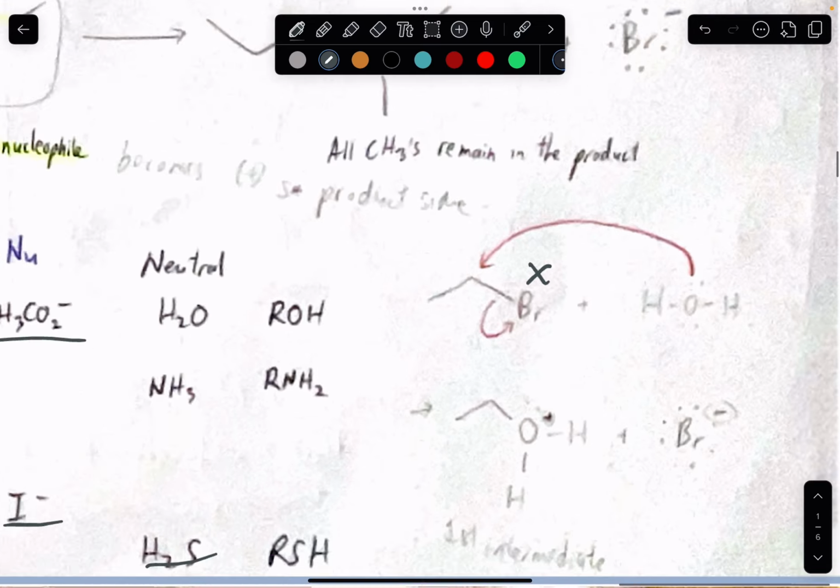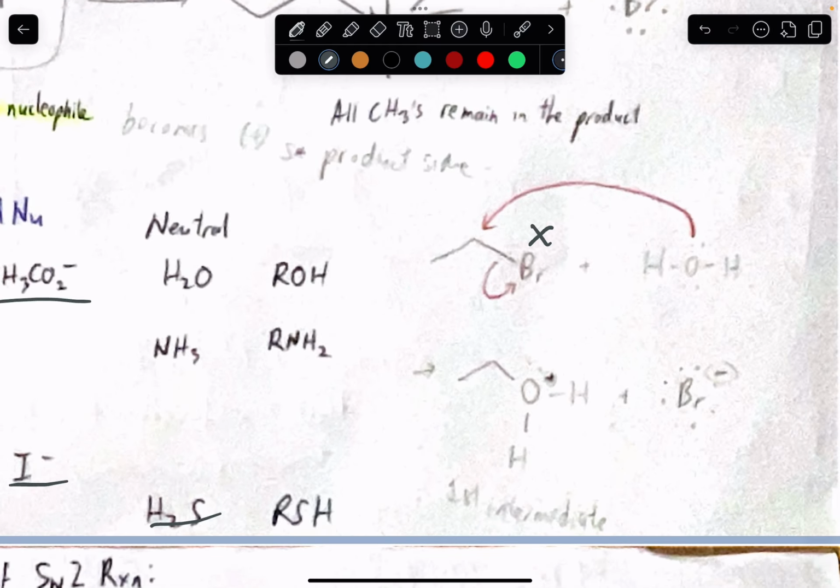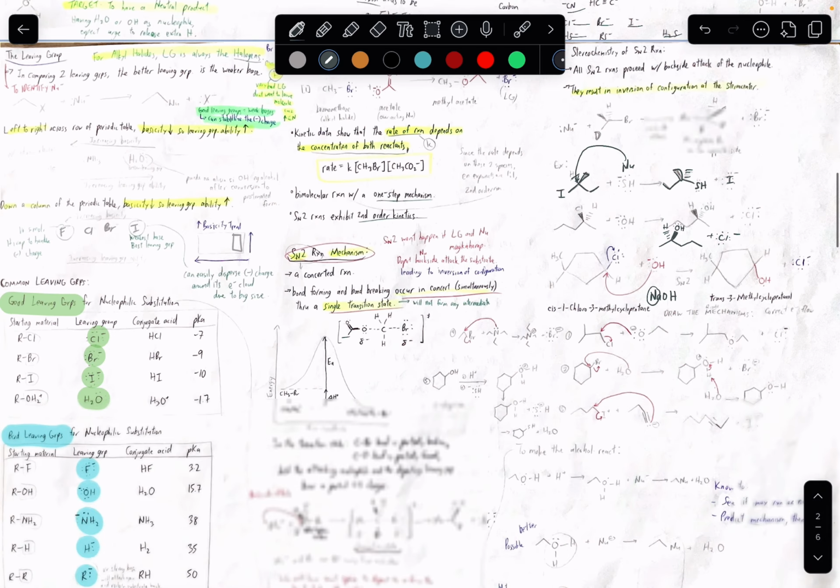I think that was the OH, H2O. So it's the entire thing that's considered a nucleophile, not just oxygen. Okay, don't get it confused.